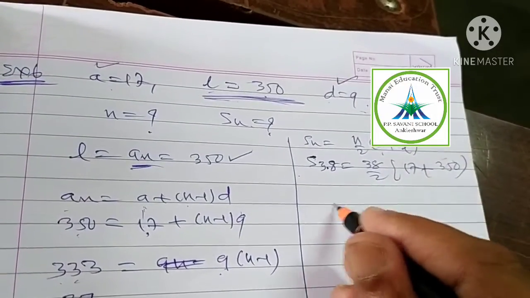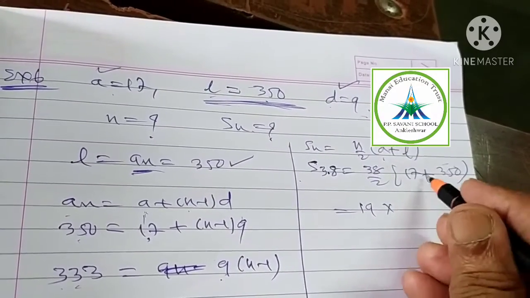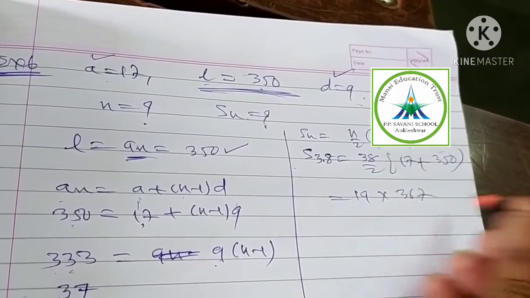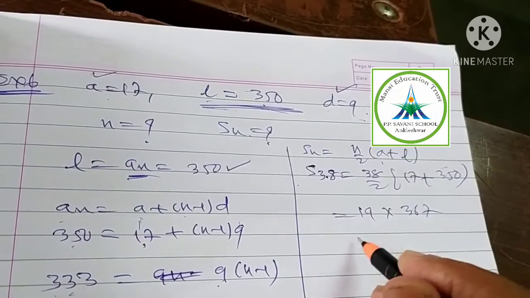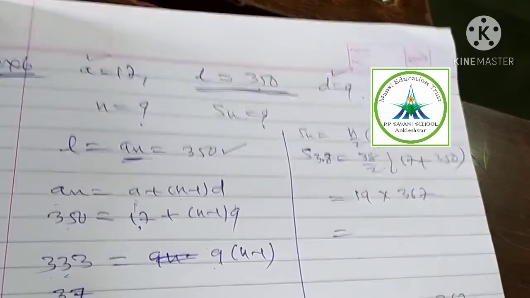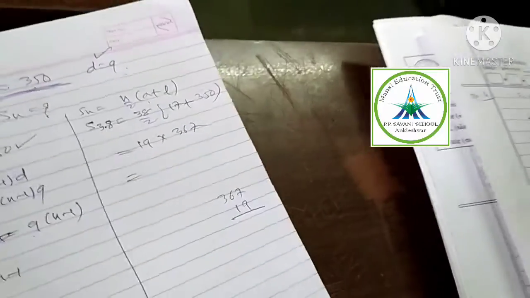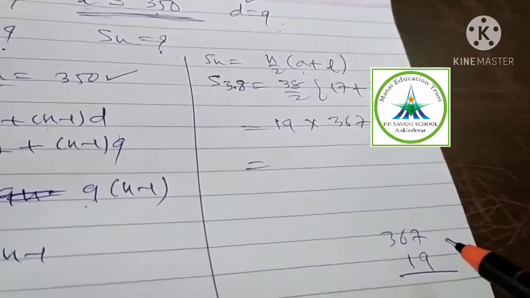Now see, 19 multiplied by 367. So multiply this. It's not necessary that you are able to multiply orally. You should understand only. Okay, see students, multiply.